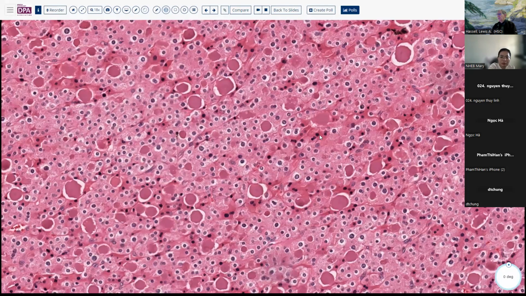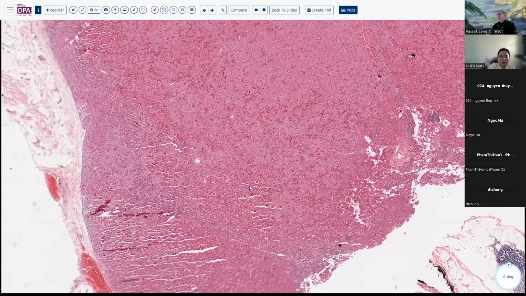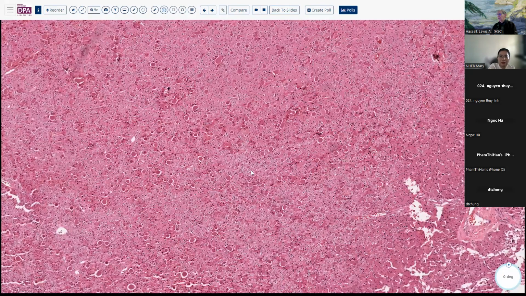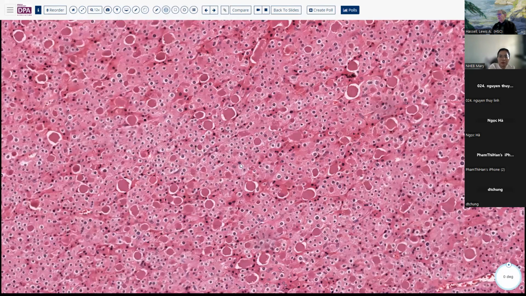The oxyphilic cells, which is the two following that. In some ways, and that, to my knowledge, is not specific for pathologic work.